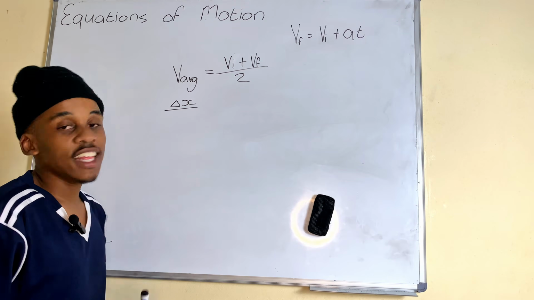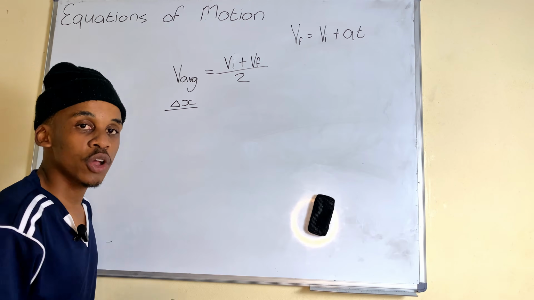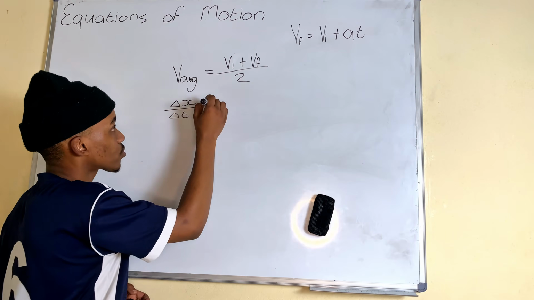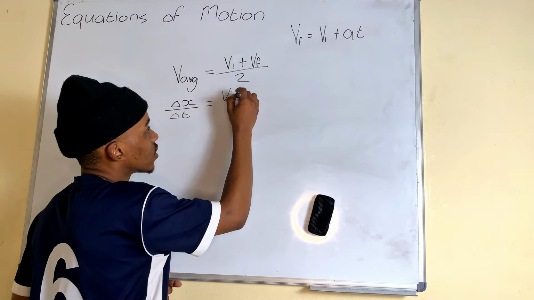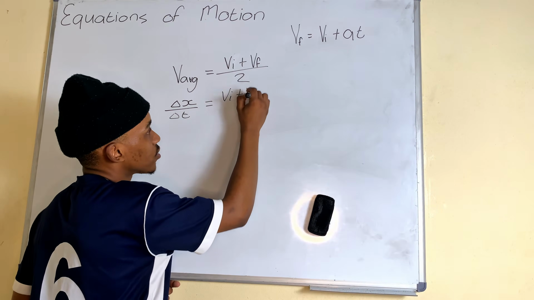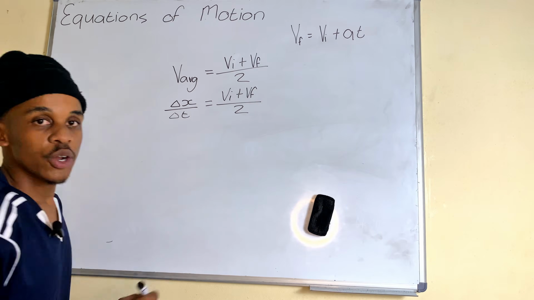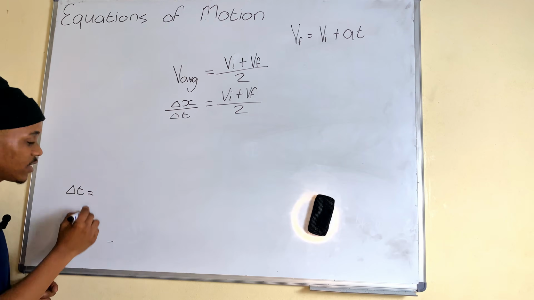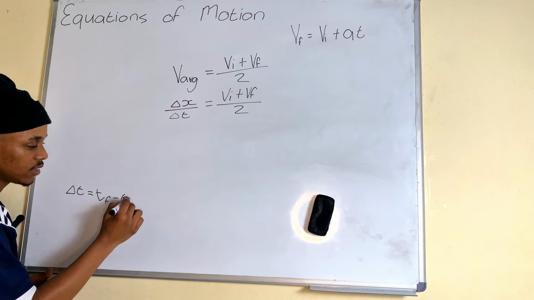Another way that we can represent the average velocity is the displacement over the time interval. And so if we equate these two equations, velocity initial plus velocity final all over 2 equals the displacement over delta t. Remember, we said that delta t can also be represented as t final minus t initial.